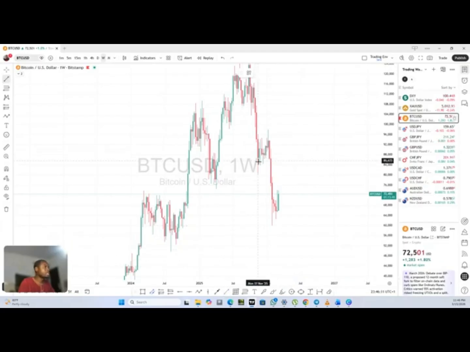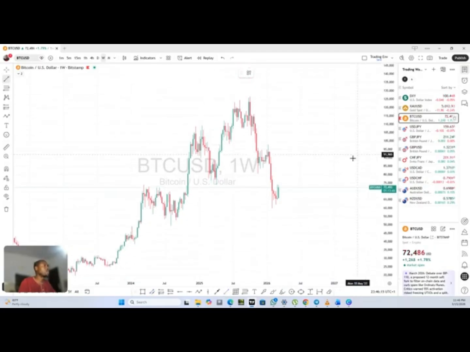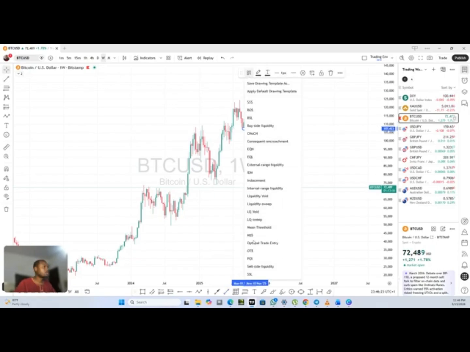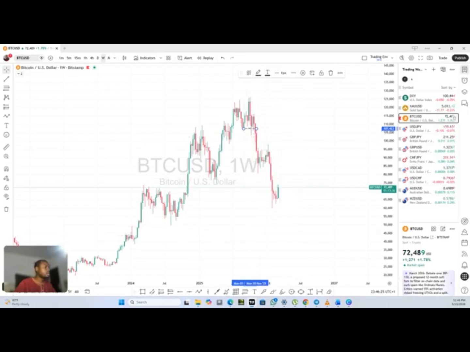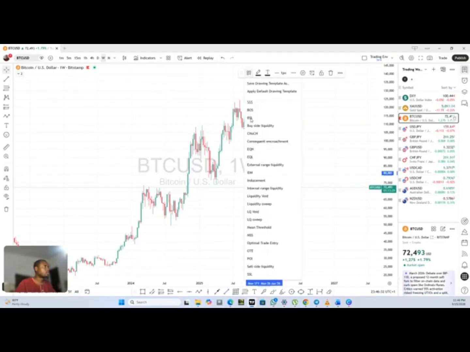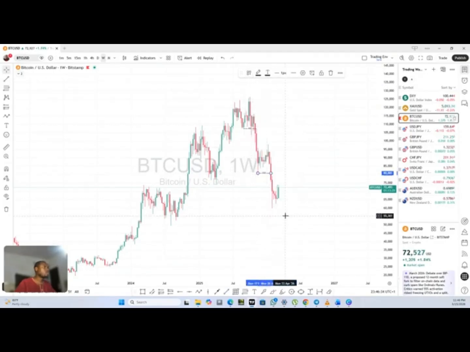Why did I say bearish? Because as you can see here, we have change of character to a downside market structure shift. And as we can see, we have this structure to the downside, break of structure, and this is our displacement, impulsive move.